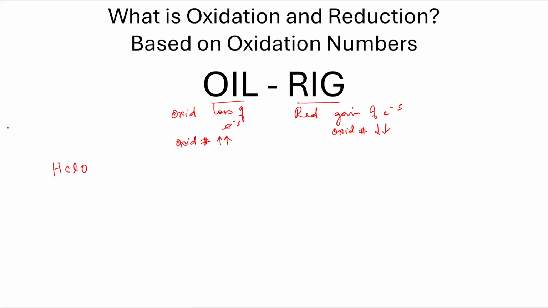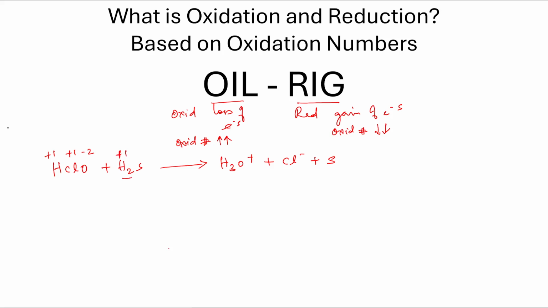Hypochlorous acid plus hydrogen sulfide gives you a hydronium ion plus chlorine plus elemental sulfur. Now, if I was to put the oxidation states, oxygen has -2, chlorine has +1, hydrogen has +1 again.